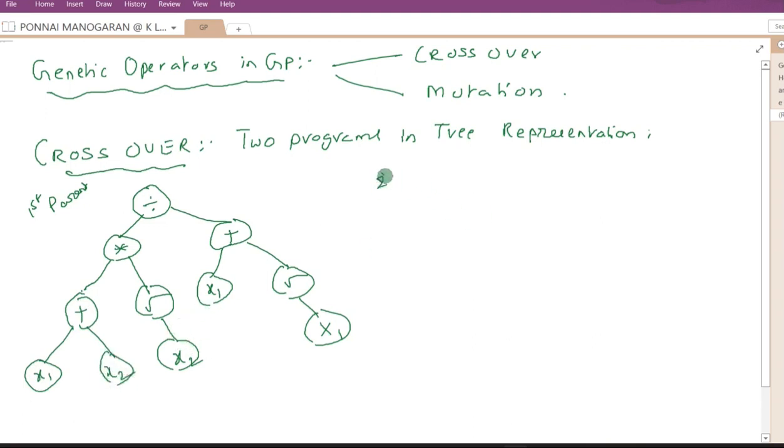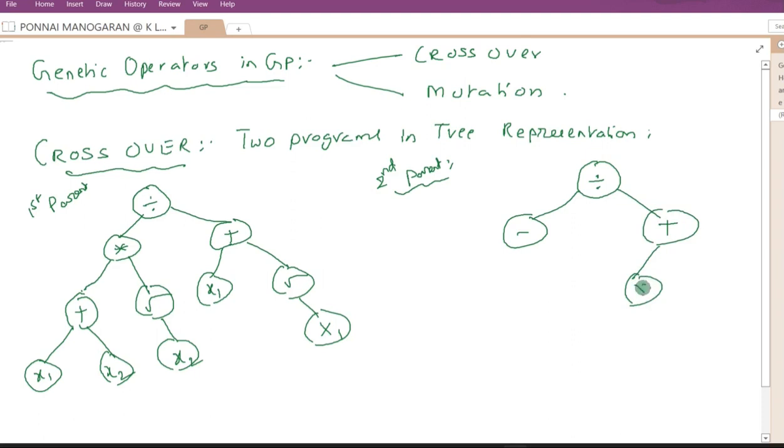Similarly take a second parent, something like this, x1, x2, this is multiplication, and x1, and x2.